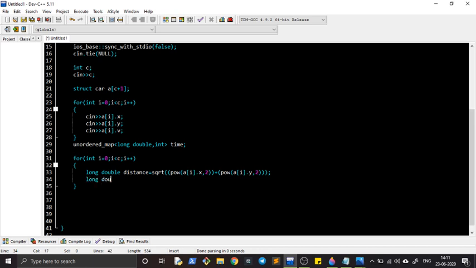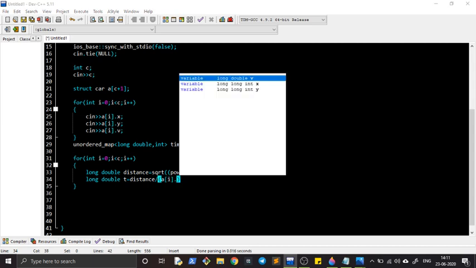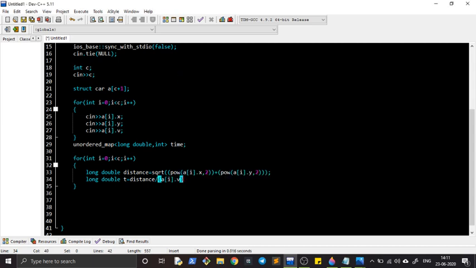So long double t is equal to, we will calculate it as distance by velocity. So distance by, we have the velocity of this car, or the speed of this car, in ai dot v. So we will write simply ai dot v, and now t will contain the time taken for the first car to reach the origin.